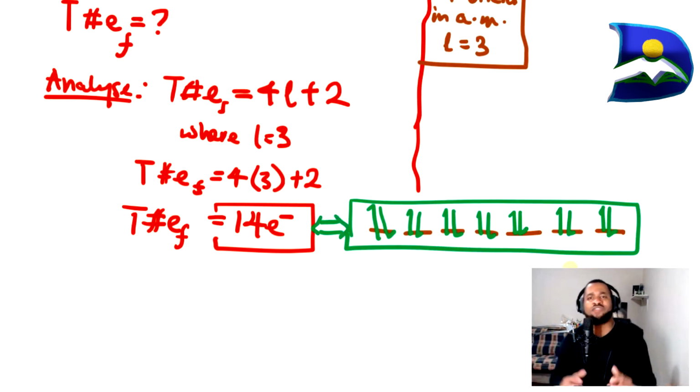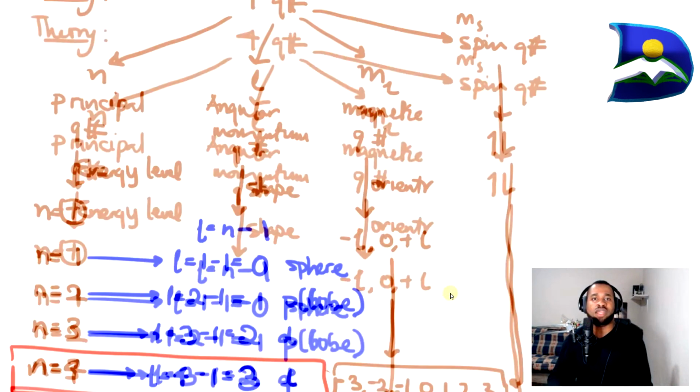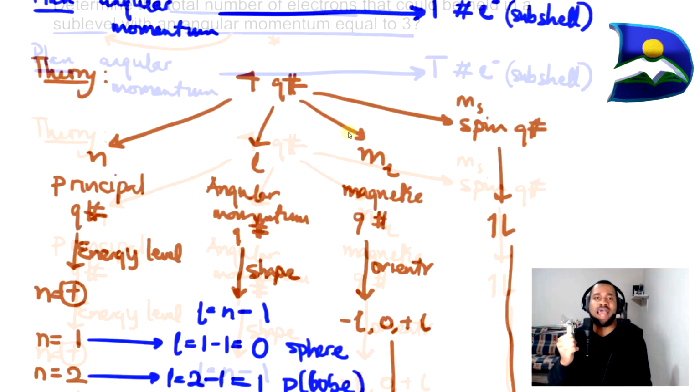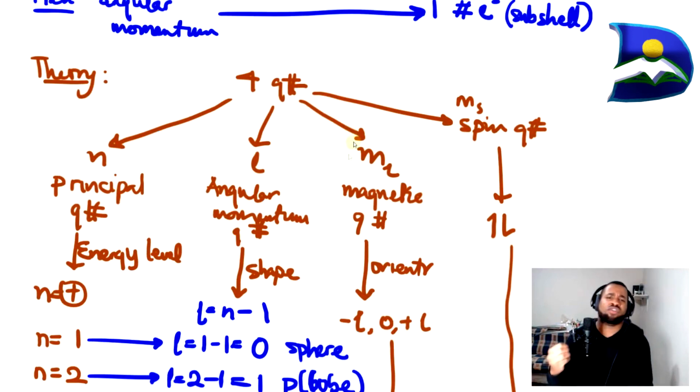So that's about it for this particular long video. I hope you're able to understand the 2 ways by which you can go about solving this question, identifying the total number of electrons in a specific sublevel, in this case when the angular momentum is given, which is 3. You need to create a plan, and from the plan, look back to your theory.